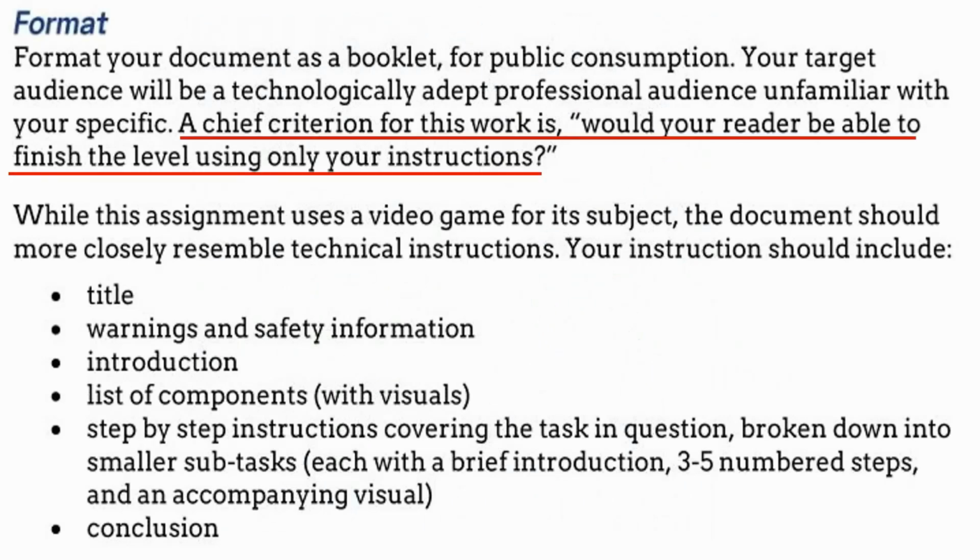Particularly, a chief criterion for this work is, would your reader be able to finish this level using only your instructions? Instructions are great, but we have to remember that the person who's reading them doesn't have any of the same experiences we have. So things that might seem fairly simple, straightforward, and commonplace to you might not be for the reader. You got to get in the reader's head.